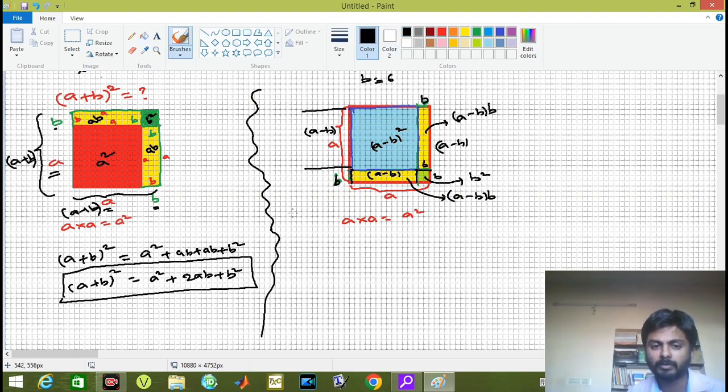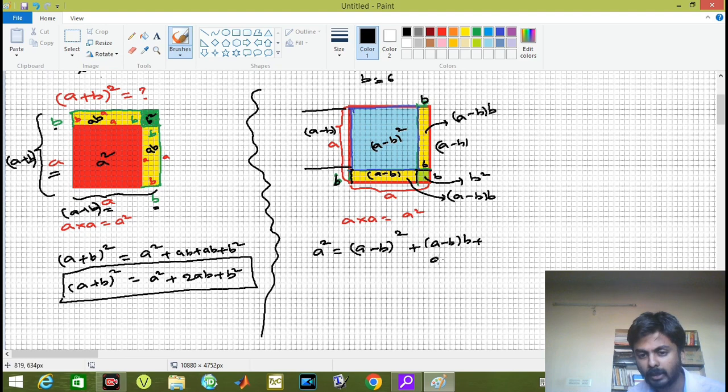The box a square has a square called (a minus b) the whole square, a rectangle (a minus b) into b, another rectangle (a minus b) into b, plus the green square b square.